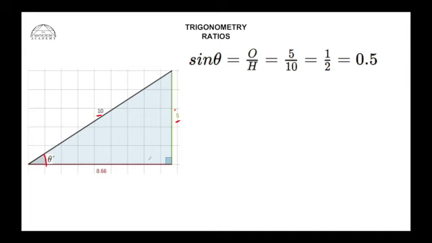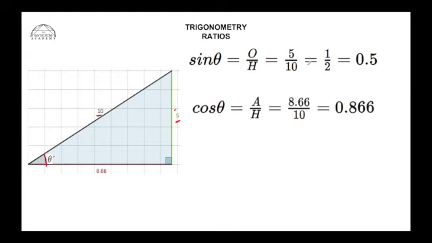We don't know what the angle is yet, but we could use this to find it. Trigonometry is really helpful, because if you don't know any of the angles in the triangle at all, you could use the sides to find what the angle is.